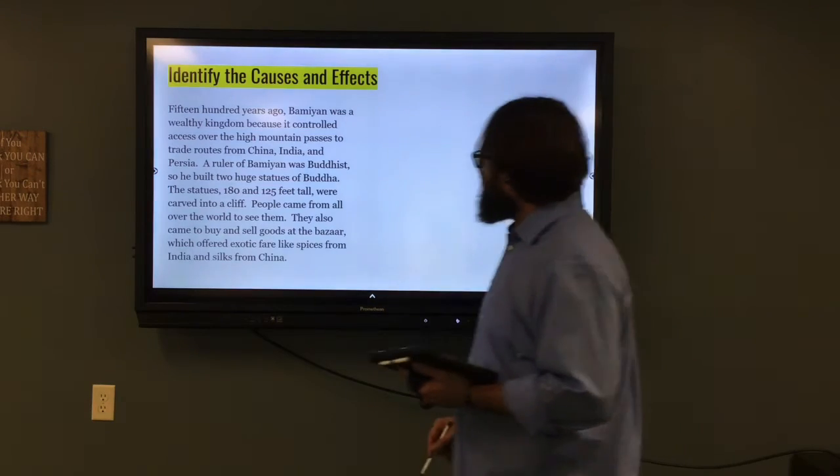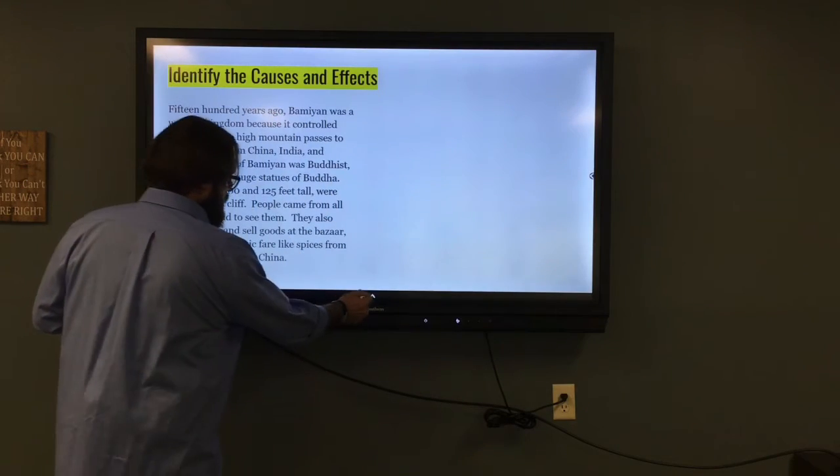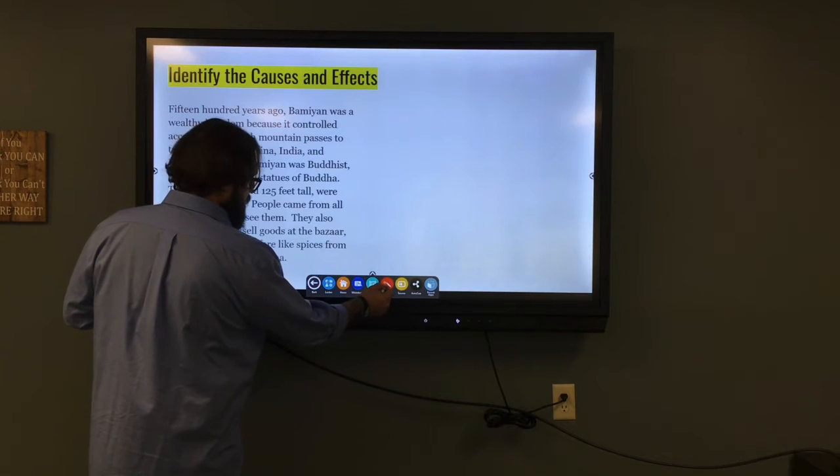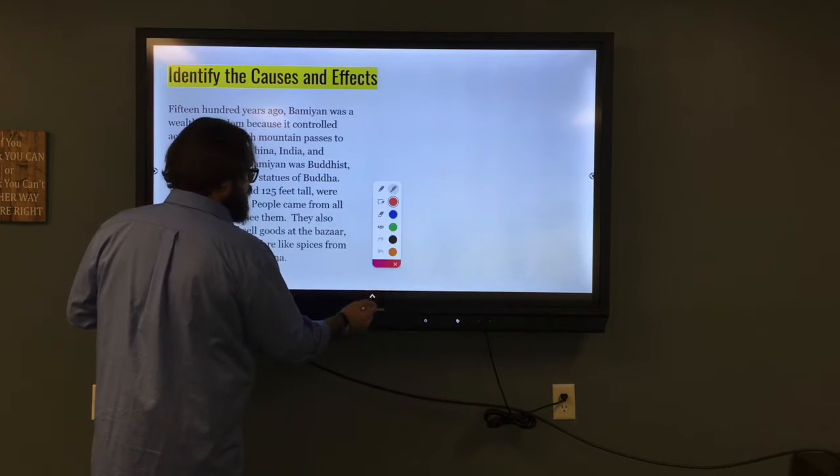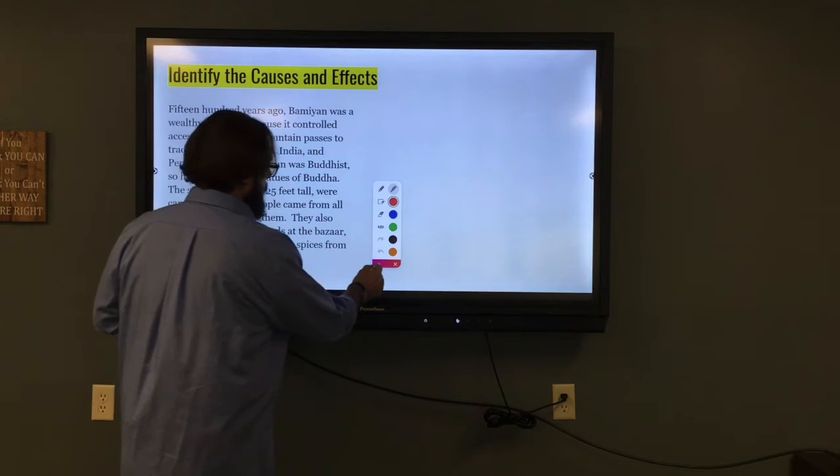So let's see if we can identify the causes and effects in this particular passage.